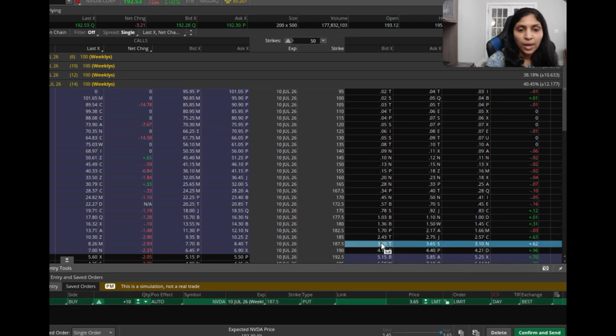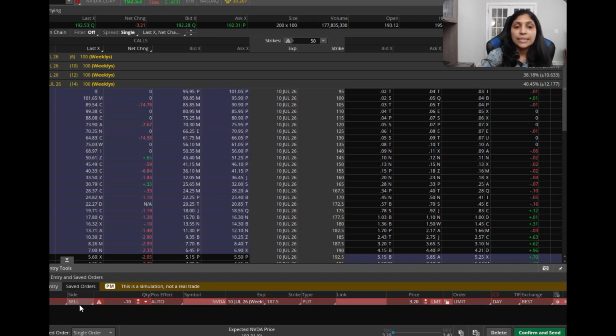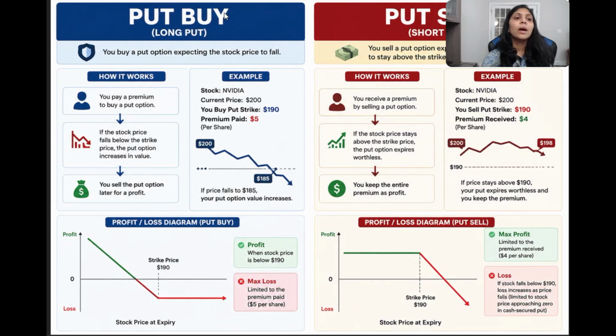And the bid means put sell. So today we'll discuss the differences between put buy and put sell, when to use put buy and when to use put sell.